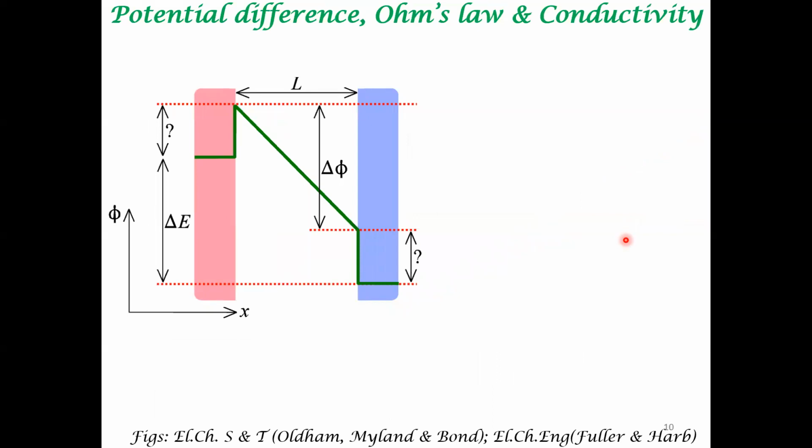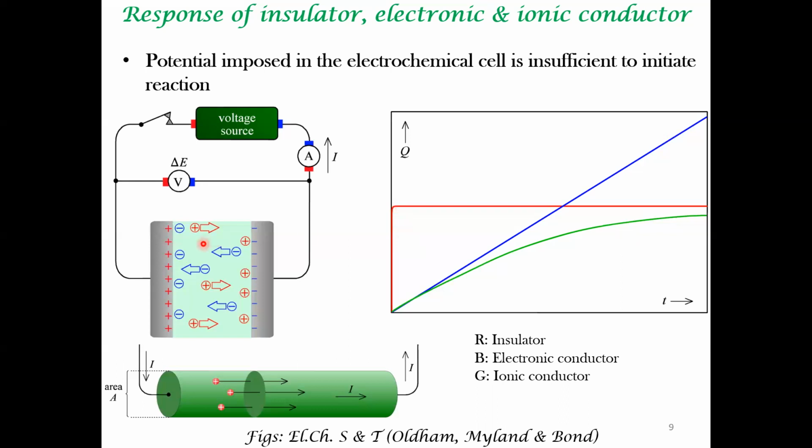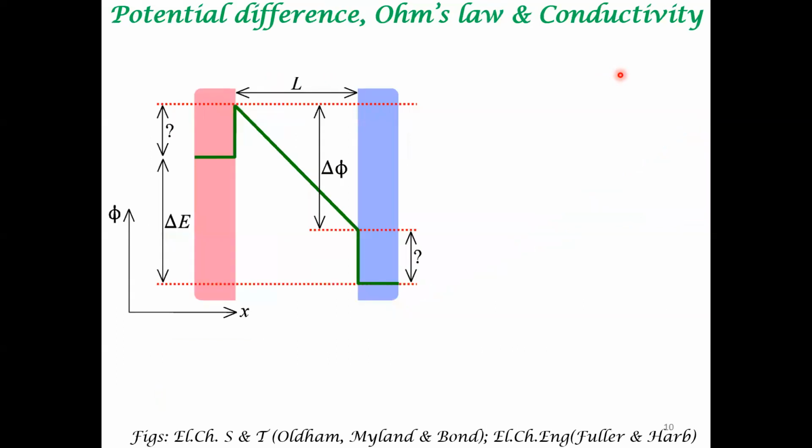So in this simple system, what do I mean by what makes this system simple? This potential that is applied doesn't initiate an electrochemical reaction. That's what makes this electrochemical system simpler compared to the electrochemical systems that we will be looking at in subsequent lectures.